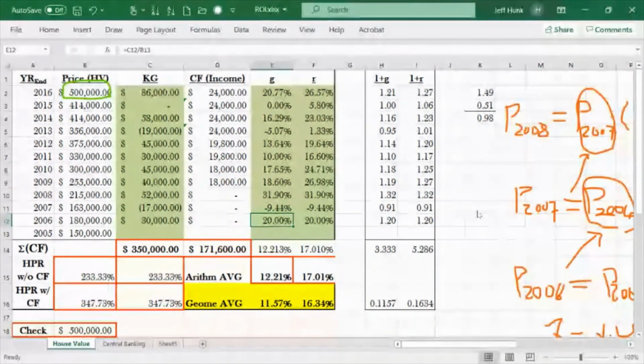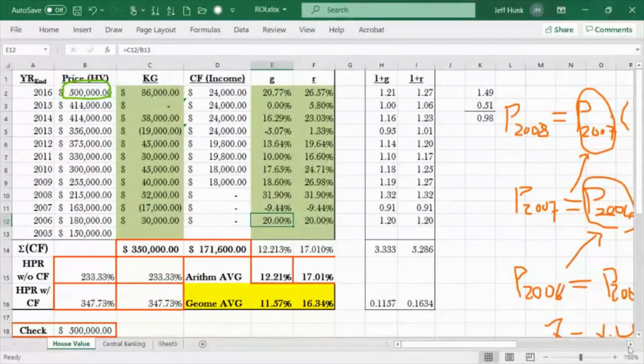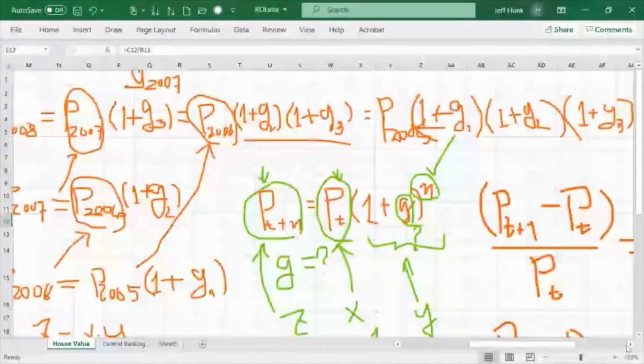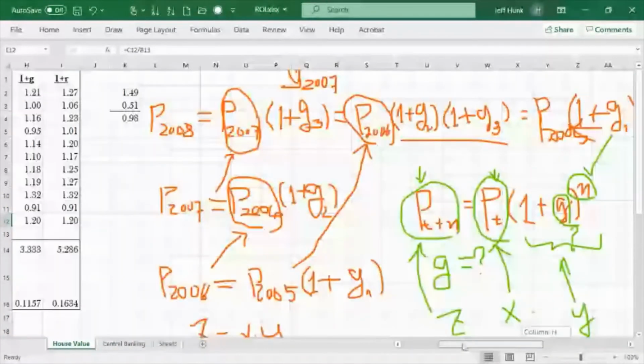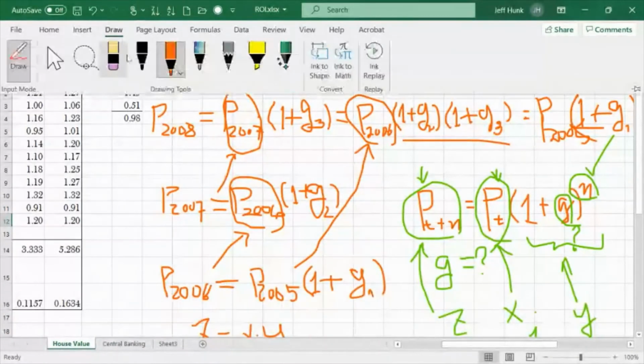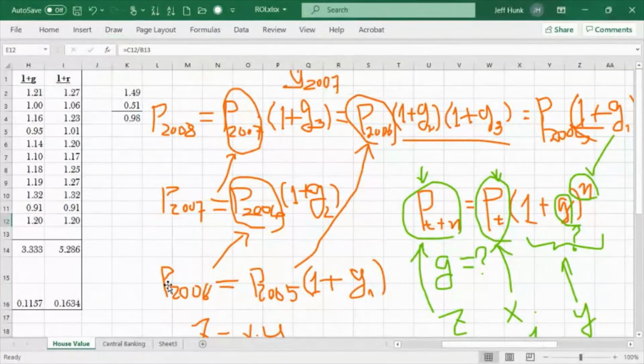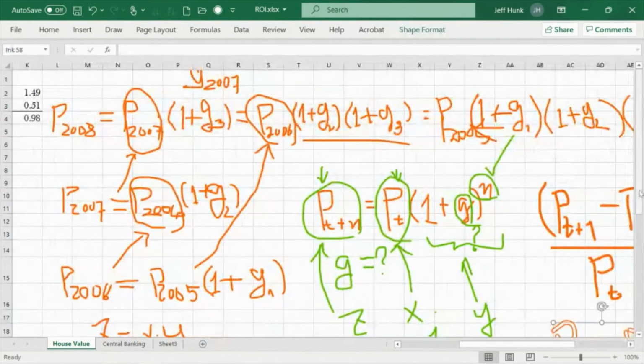So think about it. 2006. The 2006 price is basically the 2005 price times 1 plus G1, growth rate in year 1, right?